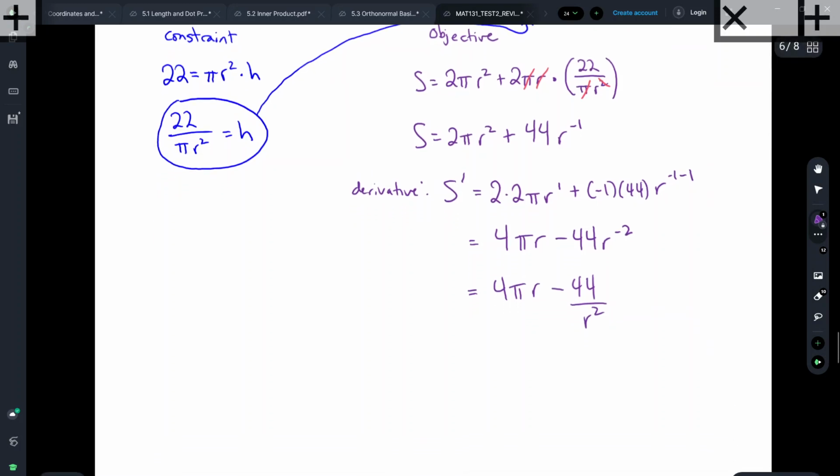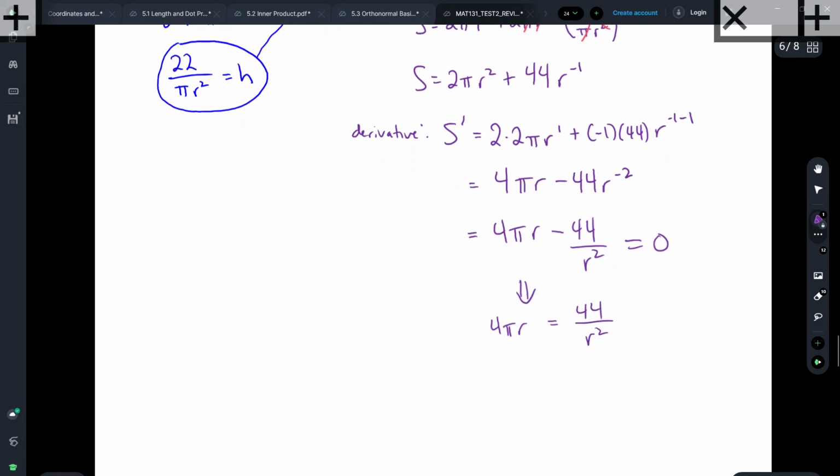Okay, so to find the critical point, I now set this equation equal to 0 and then solve for r. Right, so let's add this term over. So you get 4 pi r equals 44 over r squared. And then we cross multiply, so the r squared multiplies.